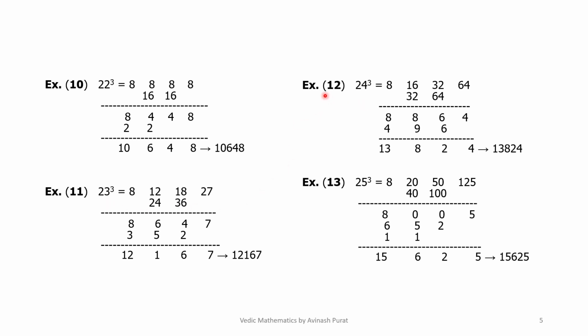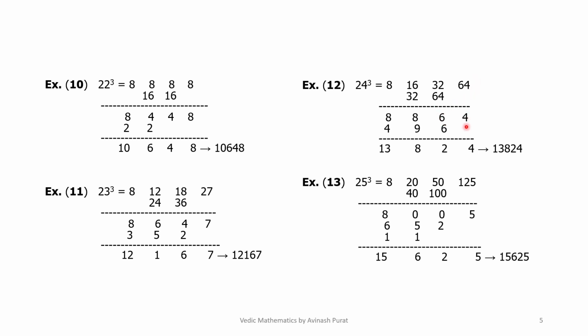24 cube, example 12. Again the cube of 2 is 8, and 2 to 4, that is the figures are double: 8, 16, 32, 64. 16 multiplied by 2 is 32. 32 multiplied by 2 is 64.